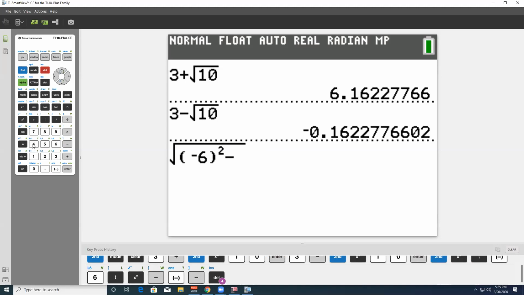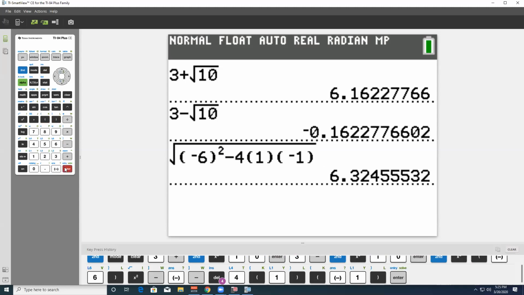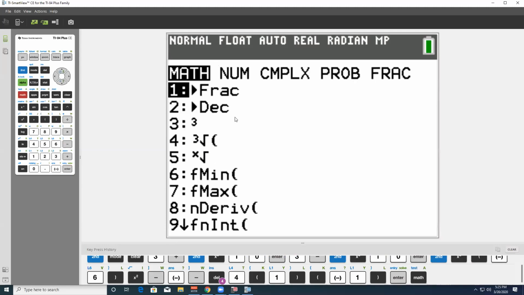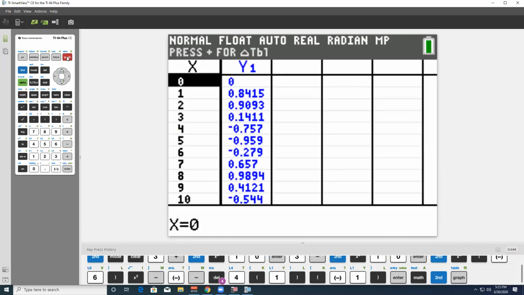Negative 6 squared, minus 4 times 1 times negative 1, and enter. There you go. That happens to be the square root of 40 already. Unfortunately, it does not put it in that form. So be very careful if you're wondering why it didn't put it in that form. That's because graphing calculators don't do the square root form like the TI-30 does.